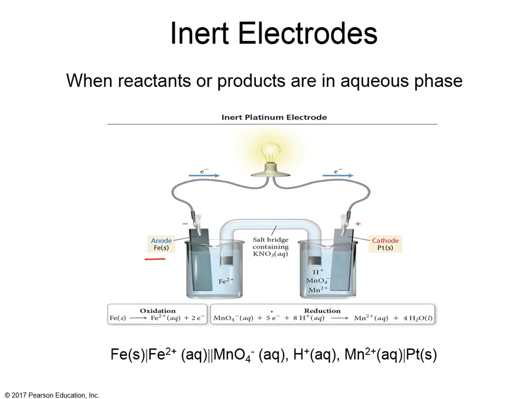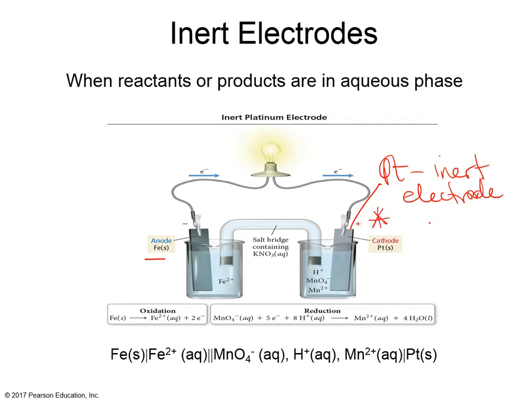So if you get that situation, you use an electrode that is inert. So in this case, our inert electrode is platinum, Pt. So really, the inert electrode does not get reduced or oxidized. It just provides surface for oxidation or reduction.